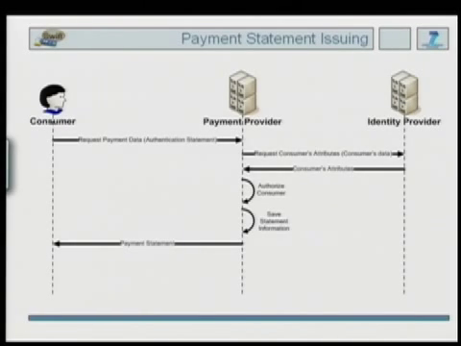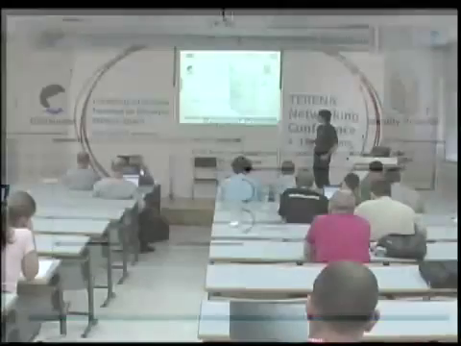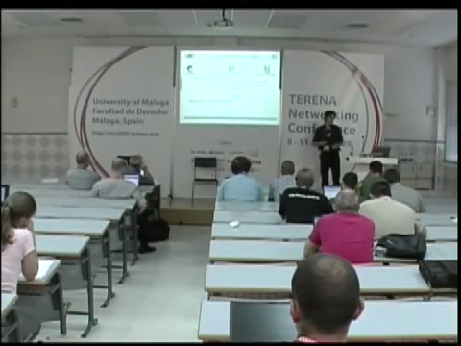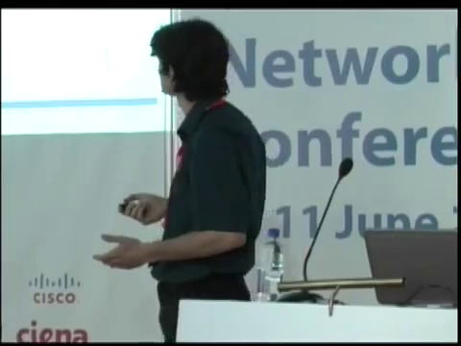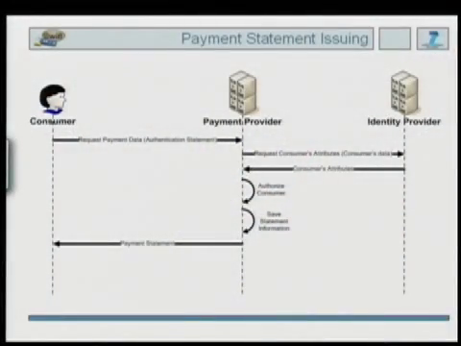The issuing could be done in that way that the consumer starts the request for payment data, and transmits his or her authentication statement inside of this request, just the common authentication data he or she has received during the initial login from the identity provider. Then the payment provider does the same as a common service provider would do.